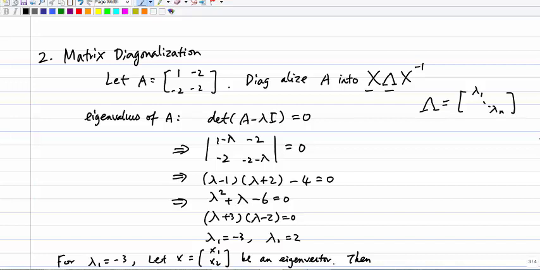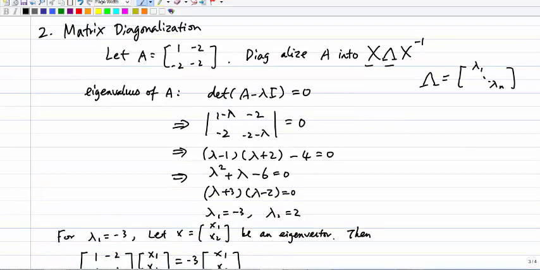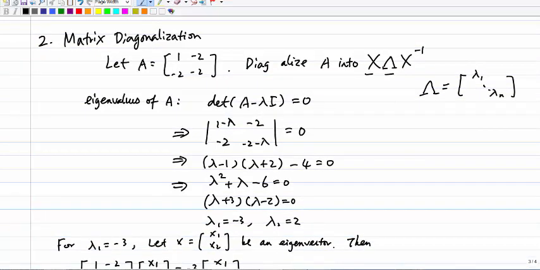Okay, so how do I find the eigenvalues of A? We know X and lambda are composed of the eigenvectors and eigenvalues, so we just need to compute the eigenvalues first. As mentioned in the previous problem, I have to set the determinant of A minus lambda I to 0, which is the characteristic equation for A. This is a 2 by 2 matrix, so the computation is quite straightforward.